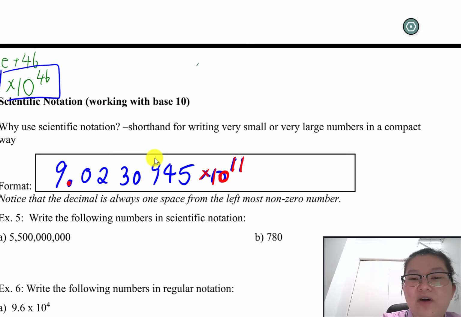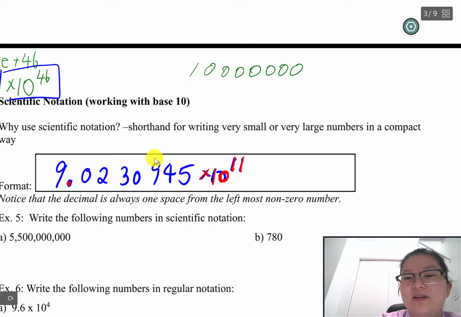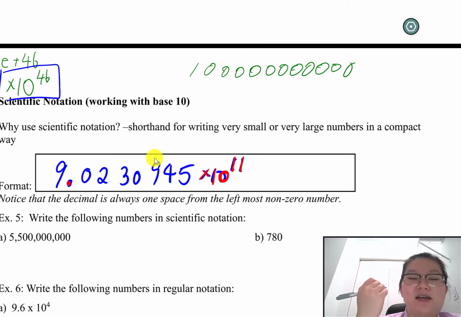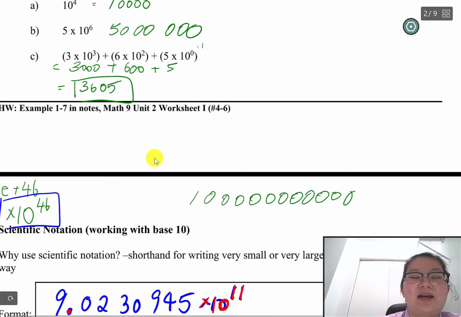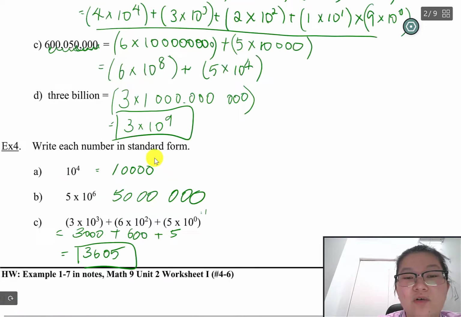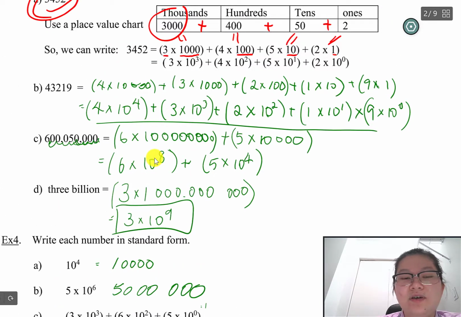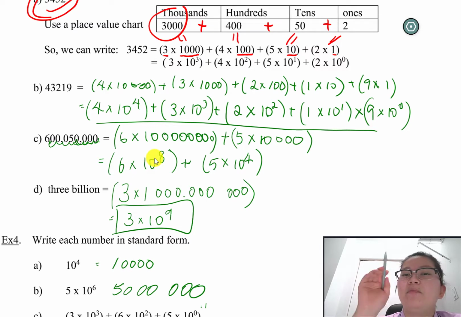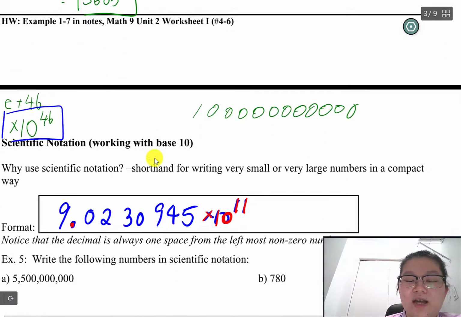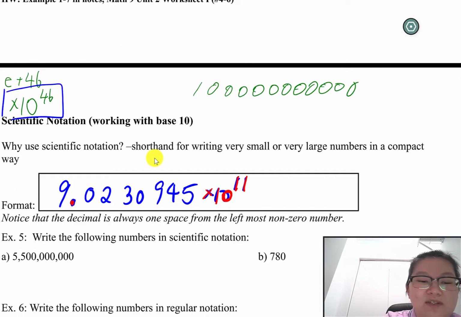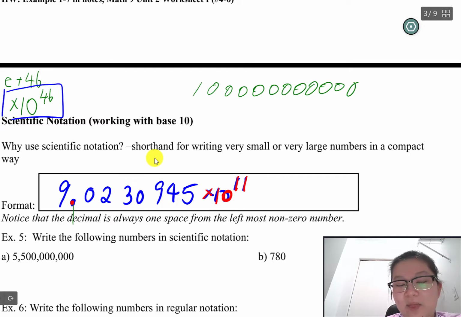So if we know that this is 10 with 11 zeros, 1, 2, 3, 4, 5, 6, 7, 8, 9, 10, 11, then we know that anytime we multiply by a 10 or 100 or 1,000, the number of zeros dictates the number of place values we move our decimal by. So if we use that same line of thinking, then I need to move this decimal 11 spaces.